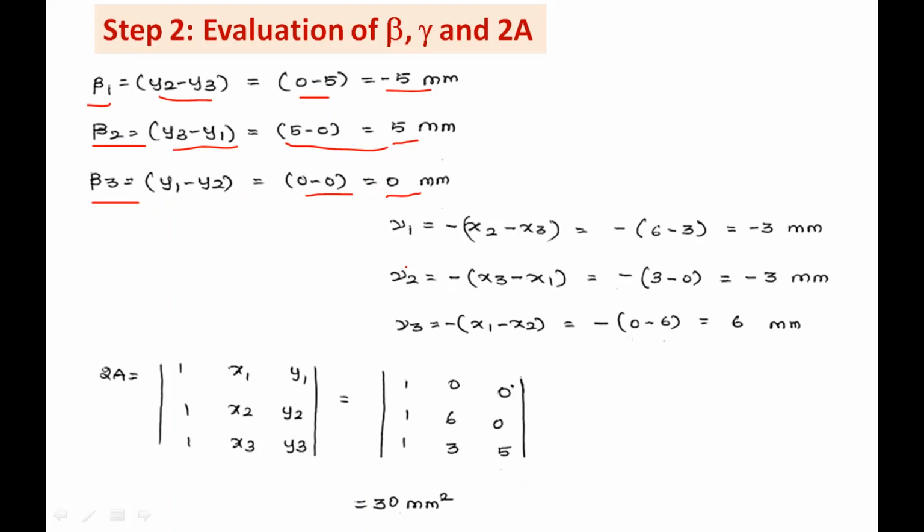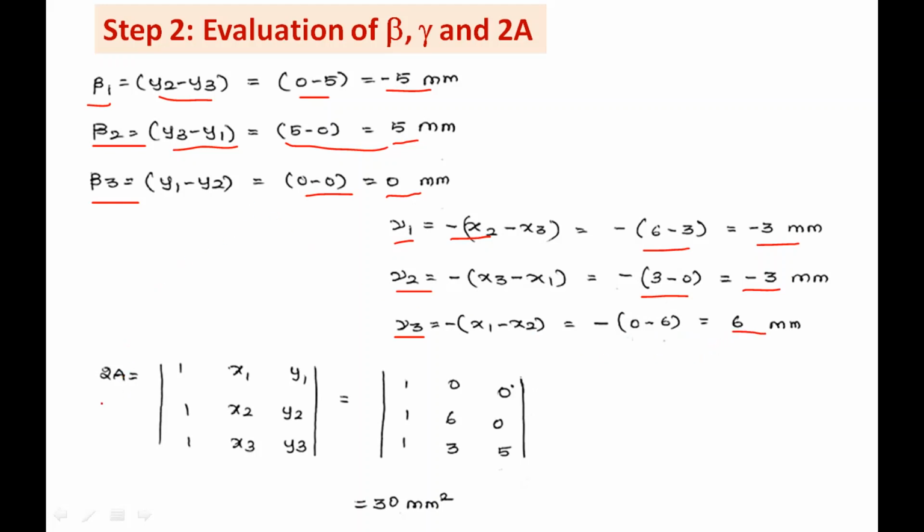Then gamma 1, the expression is minus of (x2 minus x3). Substituting the values we get minus 3 mm. Gamma 2 is minus of (x3 minus x1), giving minus 3 mm. Gamma 3 is minus of (x1 minus x2), which gives 6 mm.